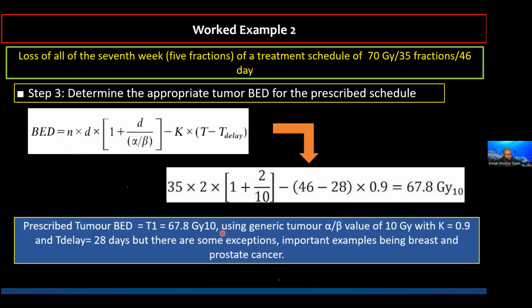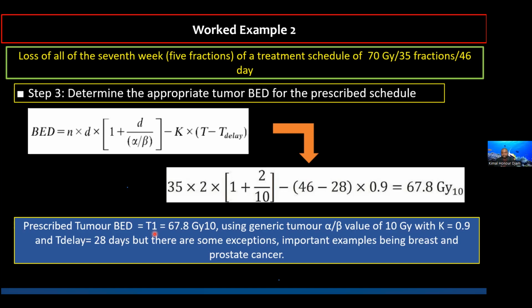What does this mean? For example, if we are to add 7 additional days at the end of treatment, let's do some simple mental math here. The tumor BED will be reduced by about 6.3 gray.